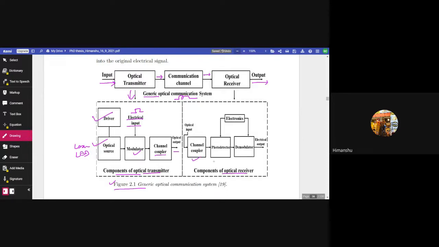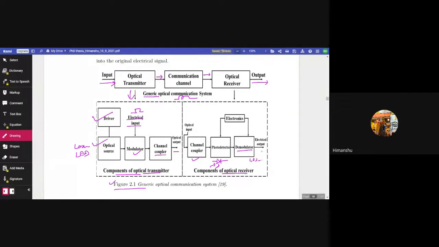In photodetectors, the signal which is present in light form is converted into electrical form, and then this electrical signal is given to the demodulator, where the demodulation is done by using a decision circuit that identifies bits as ones and zeros of the electrical signal.